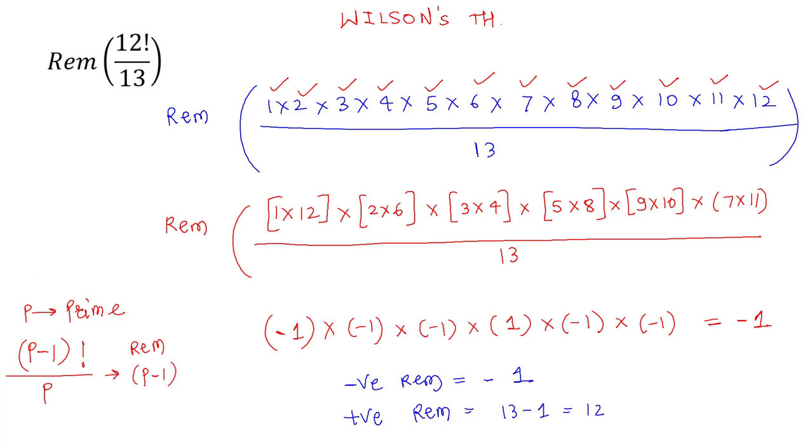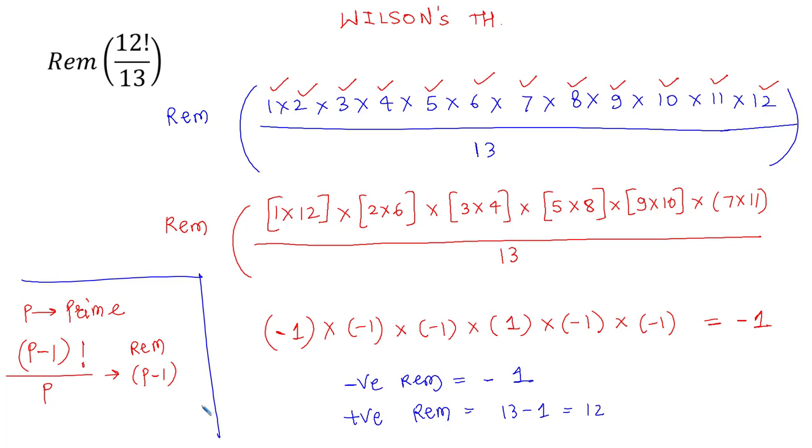So 12 factorial divided by 13, the remainder is 12. If p is a prime number, p minus 1 factorial divided by p, the remainder is p minus 1 itself. The condition is that p has to be a prime number.